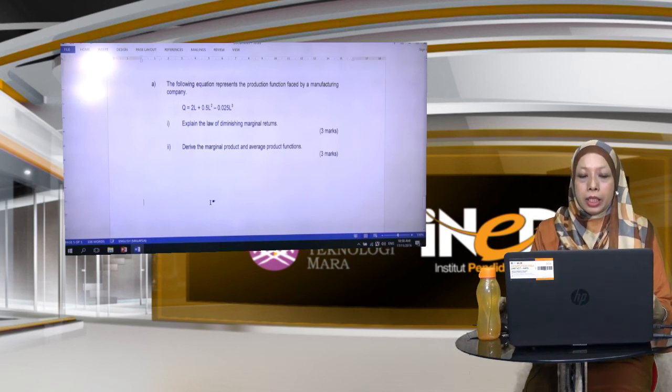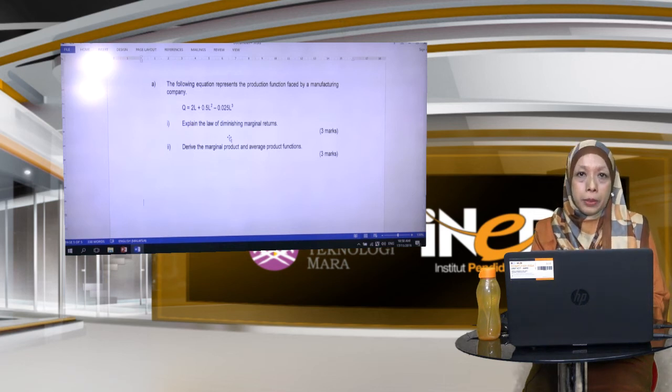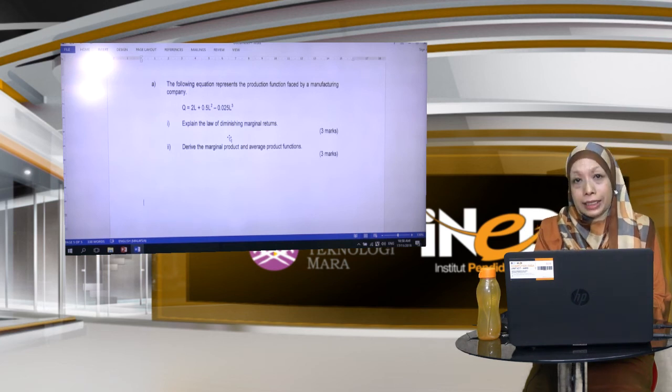You are still given a production function, and the first question wants you to explain the law of diminishing marginal returns. The law of diminishing marginal returns is a situation whereby, as you keep increasing your variable inputs, the contribution of each variable input declines. So this is the law of diminishing marginal returns.